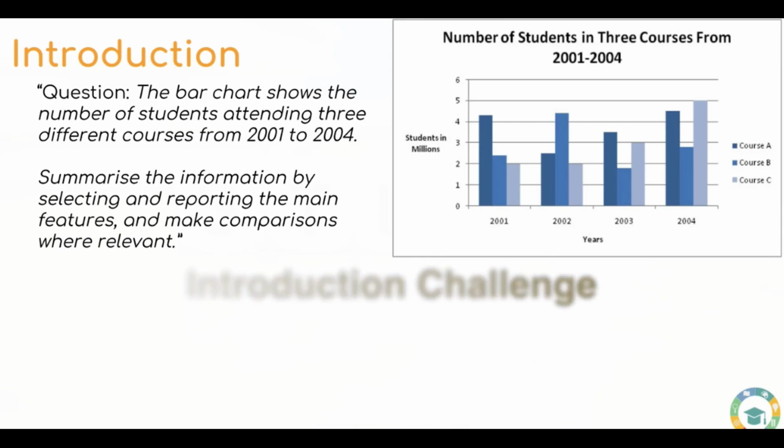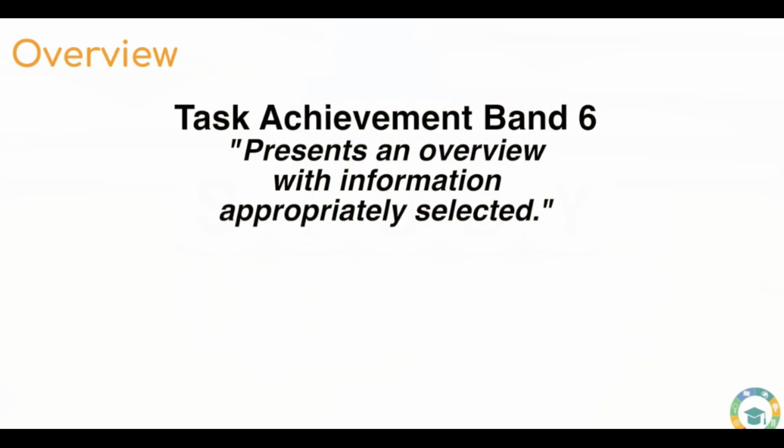Moving on to our next step, which is the overview. The first thing that we need to understand about the overview is that to score a Band 6, you must include one. The Band 6 task achievement descriptor states, presents an overview with information appropriately selected.